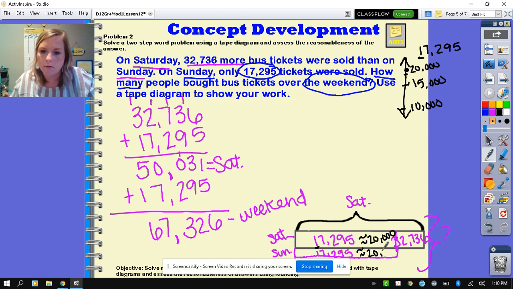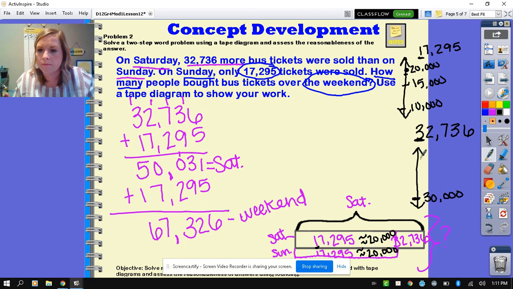About 20,000. And then we're going to round our 32,736. Again, I'm going to round it to my nearest 10,000. So again, 10,000's place value. So our number is going to be between 30,000 and 40,000, with my midpoint being 35,000.